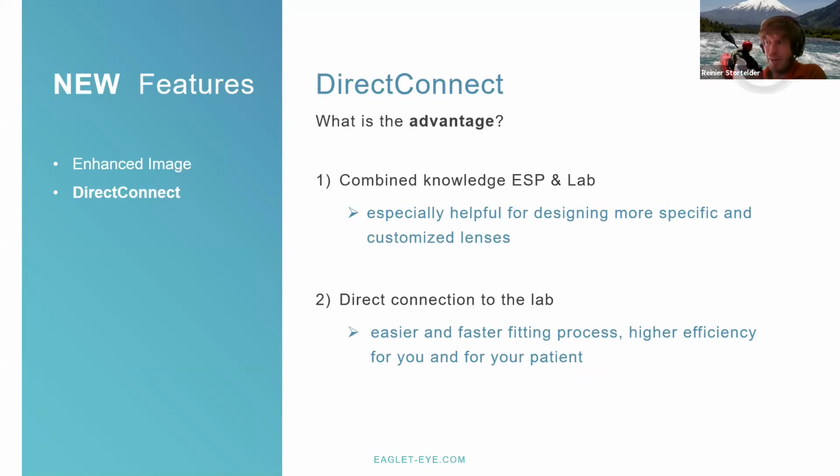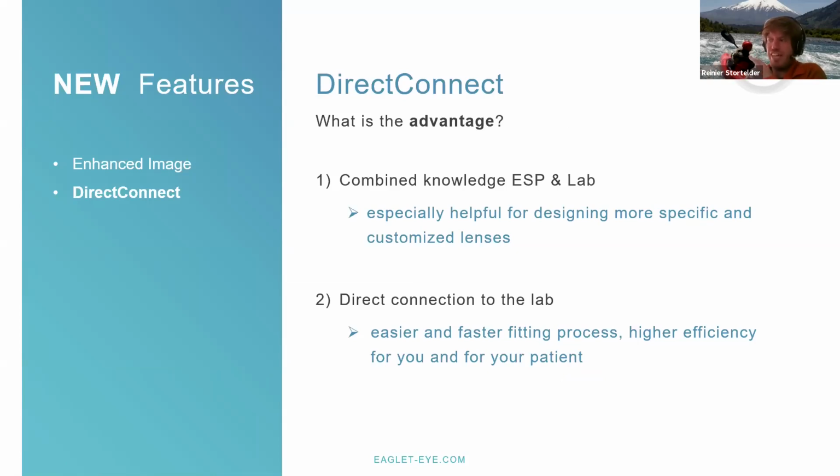The good thing about it is that the lab knows their lenses much better than we do, so they can add their experience as well as their specific features. For example, Boston Sight has the smart channel, Blanchard has M and L values.